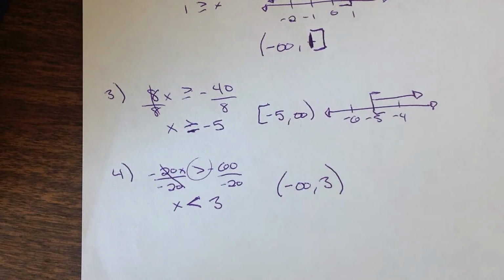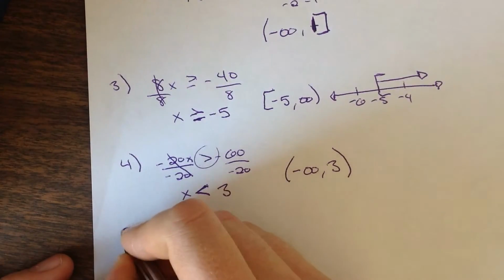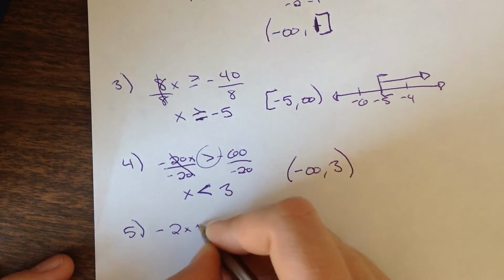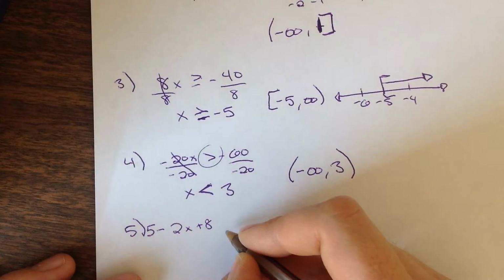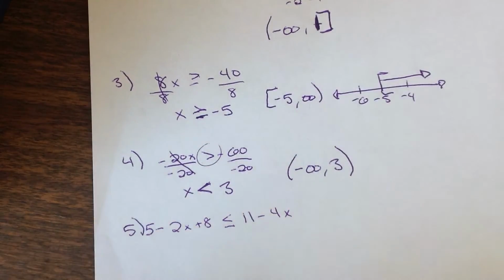Inequalities can go as far as something like this. We can have 5 minus negative 2x plus 8 is less than or equal to 11 minus 4x. We can basically have equations that look similar to if we had an equals but with an inequality.